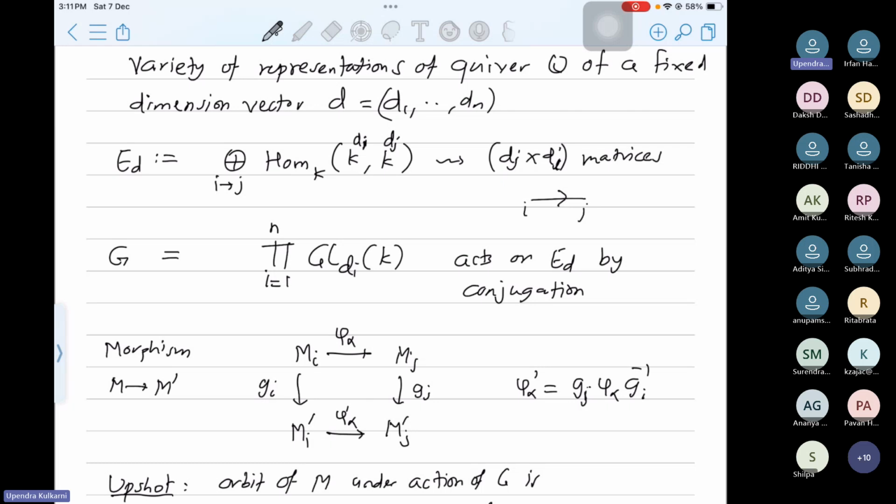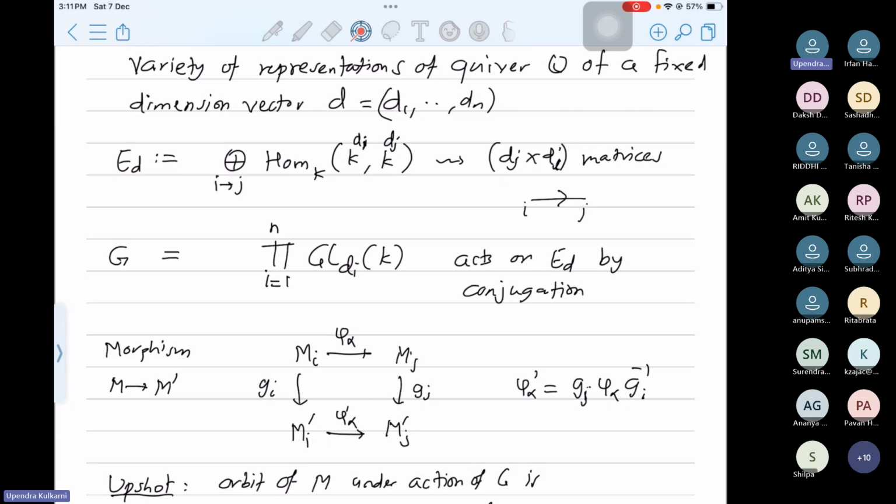So I just put such a matrix. If I want to take collectively all such representations, then I can identify the vector space that I put at vertex i with k to the d_i, actual column vectors. Then all representations are really just given by this space, which I call E_d. I just put as many matrices as the number of arrows. That's what a representation is.